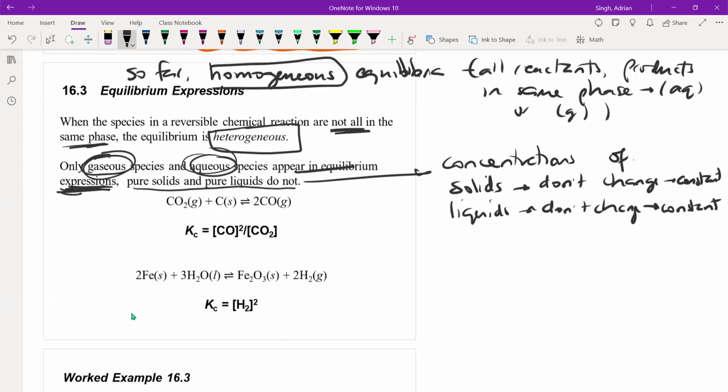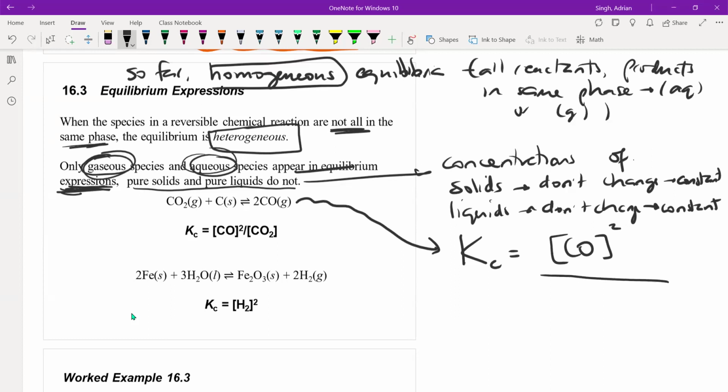So for example, let's take a look at this one up here. We have carbon dioxide reacting with carbon to produce carbon monoxide. If I were to write a normal Kc expression for this, we'd have CO, carbon monoxide, to the second power divided by CO2 to the first power times C to the first power as well. What you will notice though is that the carbon is a solid, and that means that its concentration doesn't change.